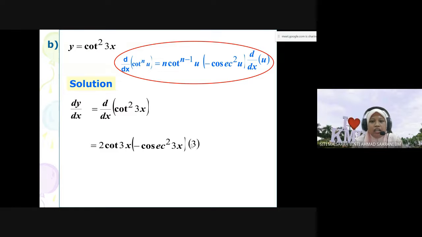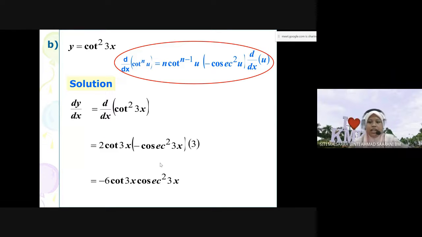So dia punya constant tu kita boleh bawa ke depan. So dia akan jadi 6, and then kat sini dia ada negative cosecant square 3x. Negative ni juga boleh bawa ke depan. Dia akan jadi negative 6 cot 3x cosecant square 3x. Okay. So ni untuk B.